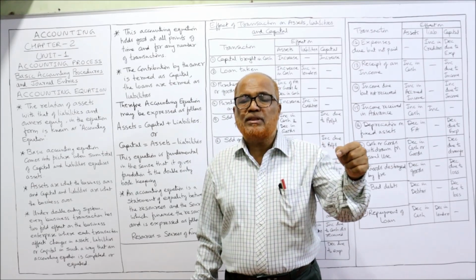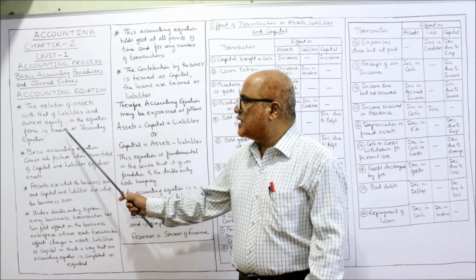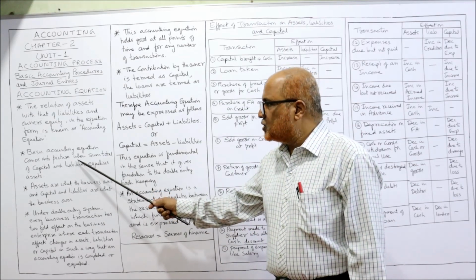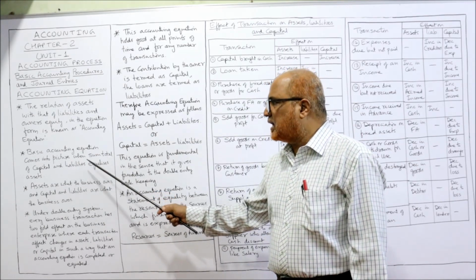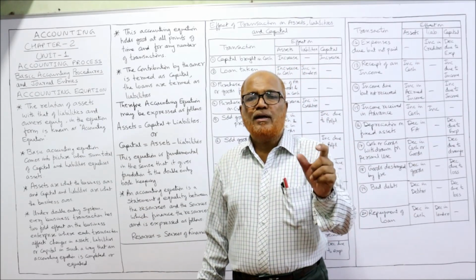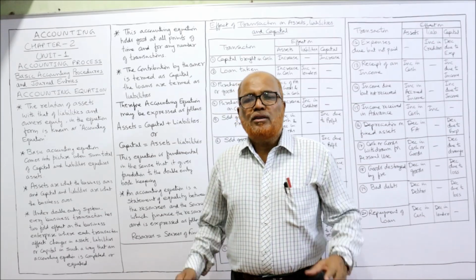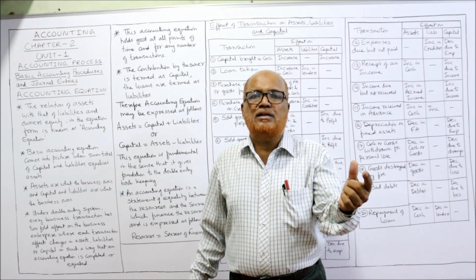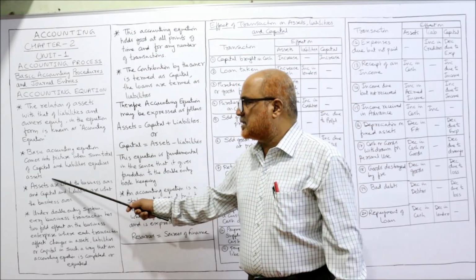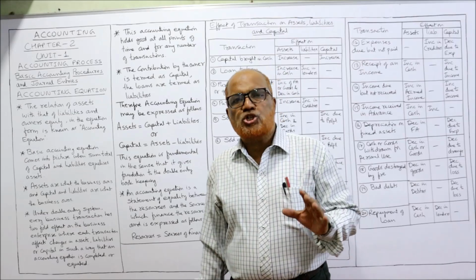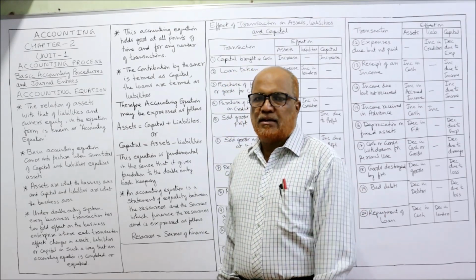The basic accounting equation comes into picture when the sum total of capital and liabilities equals the assets. That means the total of owner's equity plus liabilities will be equal to the assets, right? So the accounting equation shows the relationship between assets, liabilities and equity.